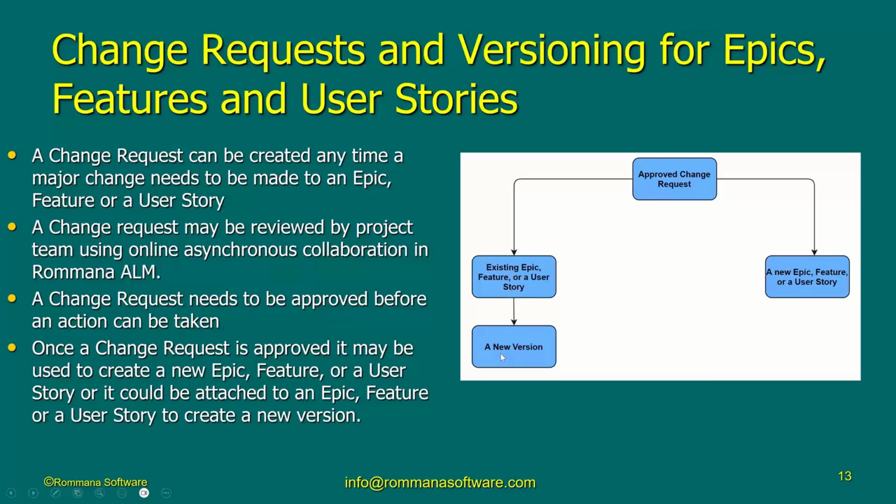So now the user story has two versions. One is the original version that is going into development, and the other one is the new version, and we have version numbers. So right away, the first version is called version 1. The newly created version is version 2. And version 2 can be planned for future sprints or iterations.